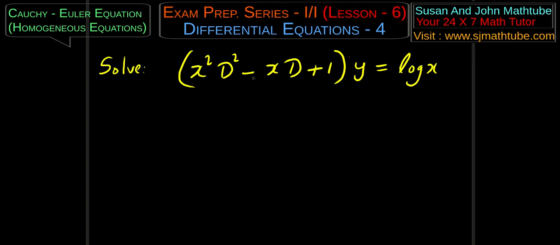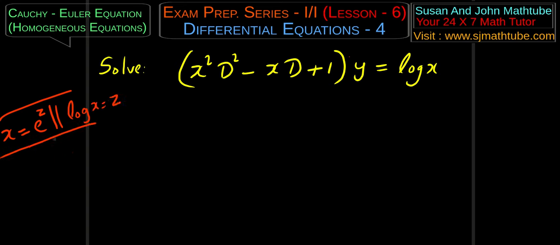Whenever you have an equation like this, identify it is a Cauchy-Euler equation. And once you identify, for all problems the method is similar, put x equal to e power z. And log x is equal to z. And this is for the right hand side.